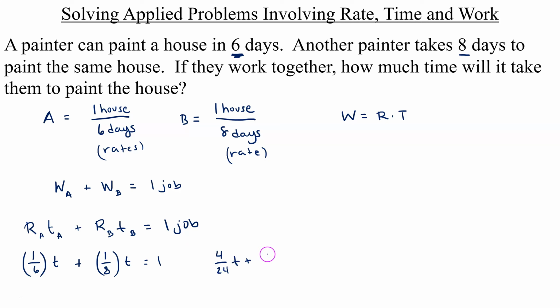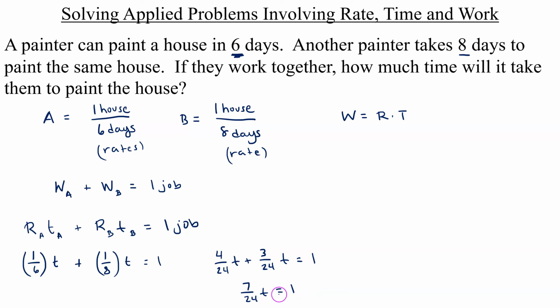And then 1/8, I changed that to 3/24. And then left 1 by itself. So this adds to 7/24, and we get 7/24 t equals 1.